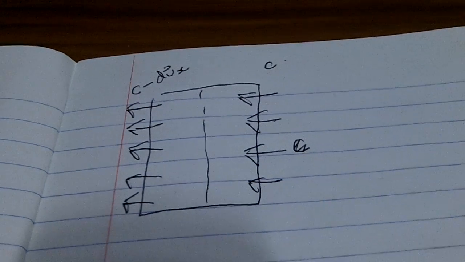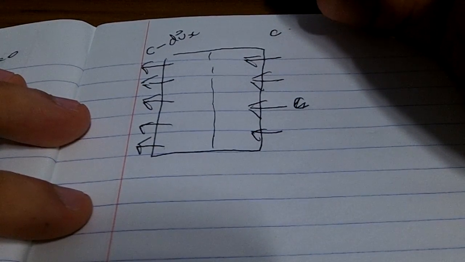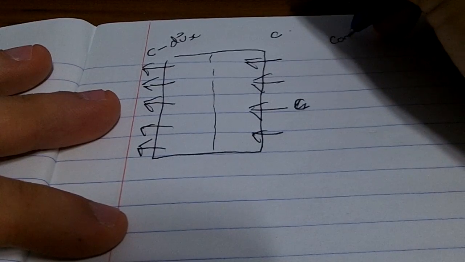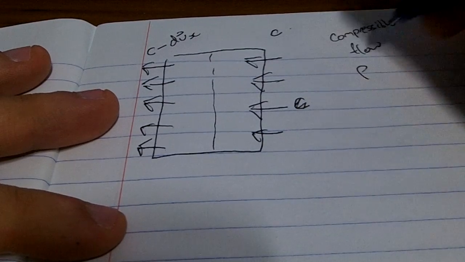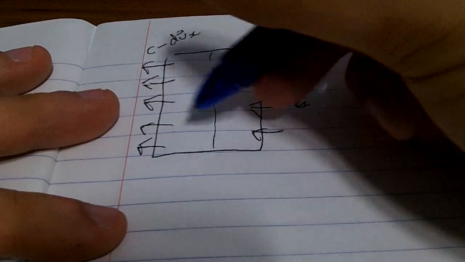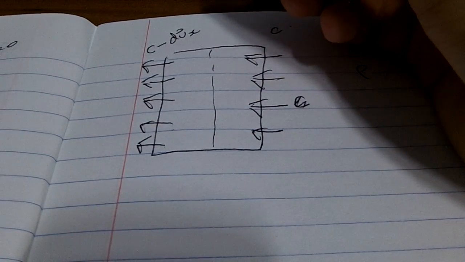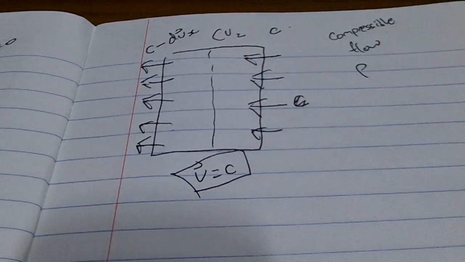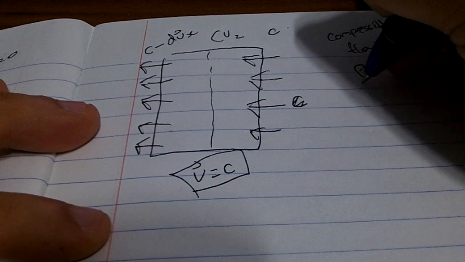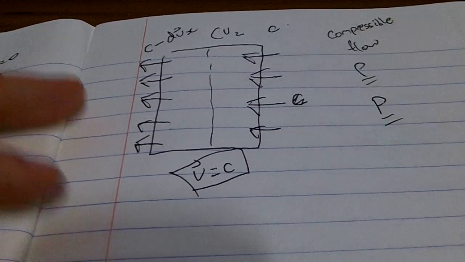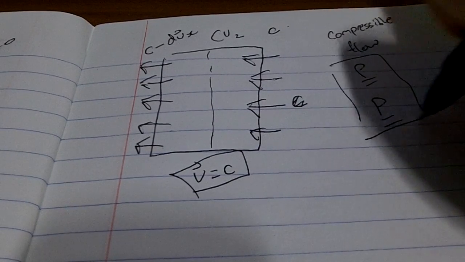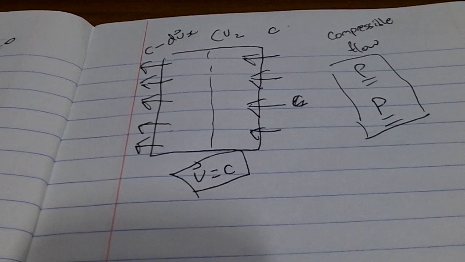And since we are talking about compressible flow, we'll definitely want to look at the density changes between the left and right of this boundary. Just to tell us, this control volume is moving at c to the right. And since sound is a pressure wave, we want to be looking at P as well. So these are the two main thermodynamic properties we'll probably want to look at.